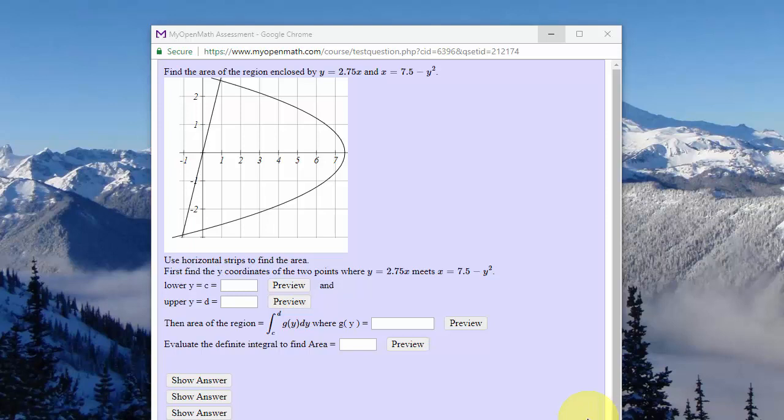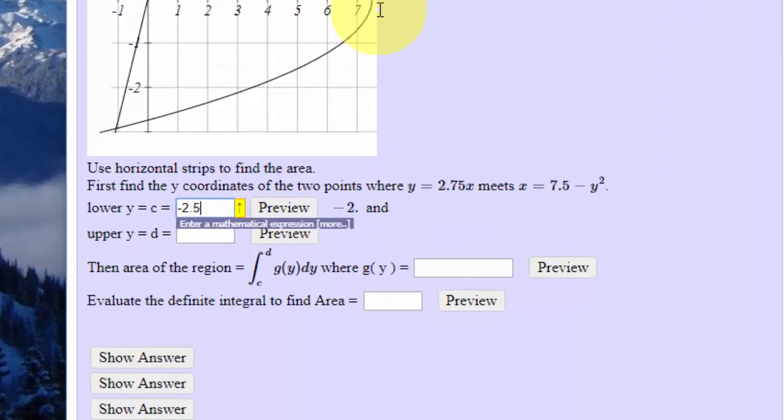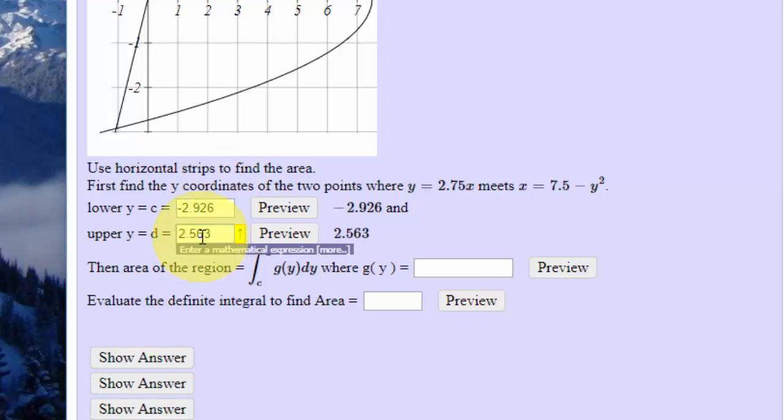To enter the answers into MOM, the lower bound for the integral is our negative 2.563. Our upper bound is, oops, I did it wrong. Lower bound is negative 2.926, and the upper bound is positive 2.563.